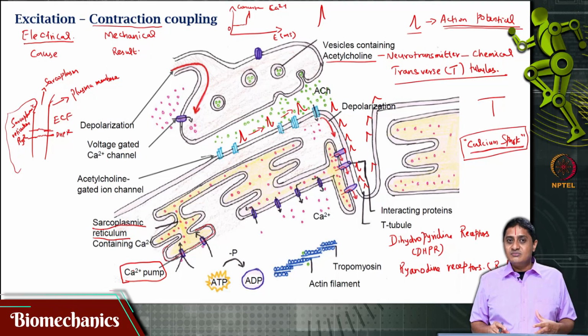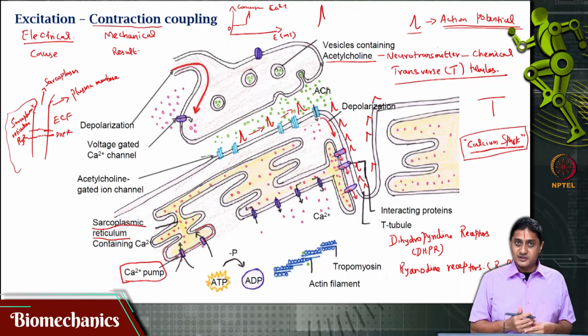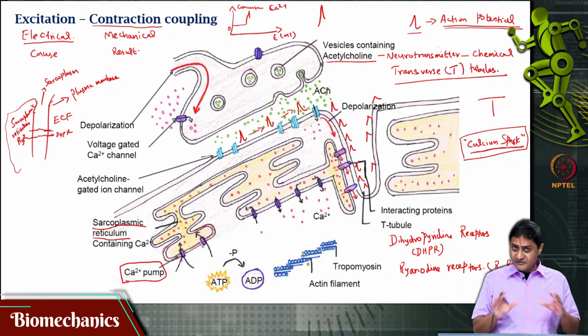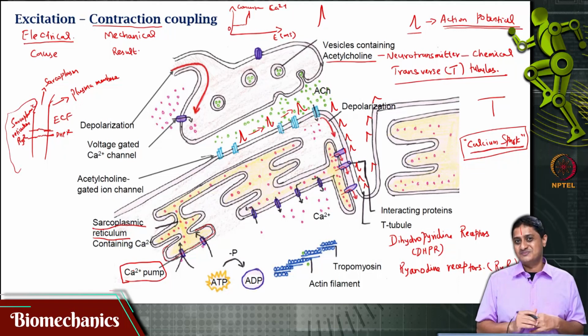Naturally, calcium will go from the region of higher concentration, which is the sarcoplasmic reticulum, to the region of lower concentration, which is the rest of the cytoplasm, or the sarcoplasm. So if there is a channel that allows calcium to leave, calcium will leave the sarcoplasmic reticulum for the sarcoplasm, because in general the sarcoplasmic reticulum has a lot of calcium, right?